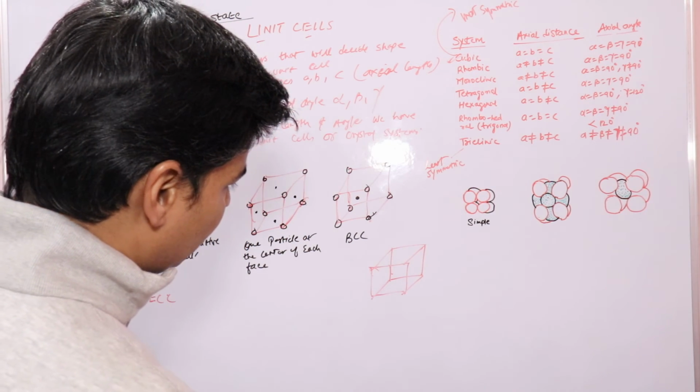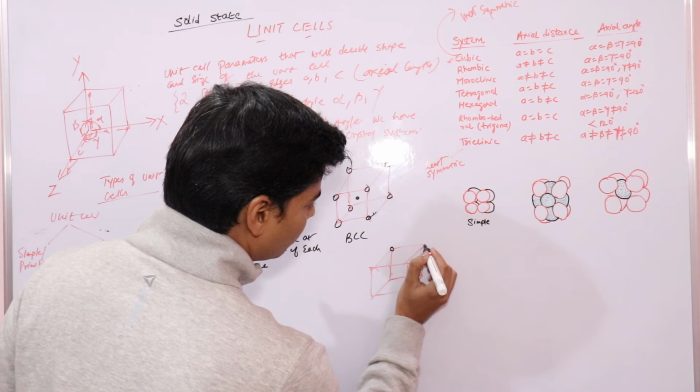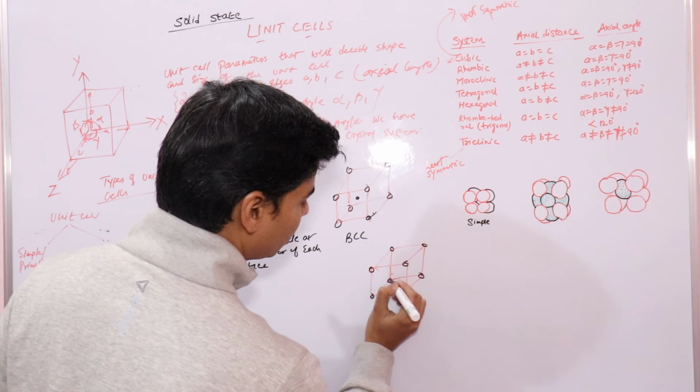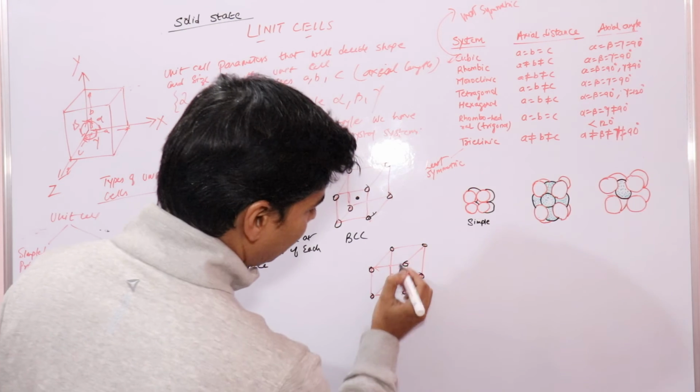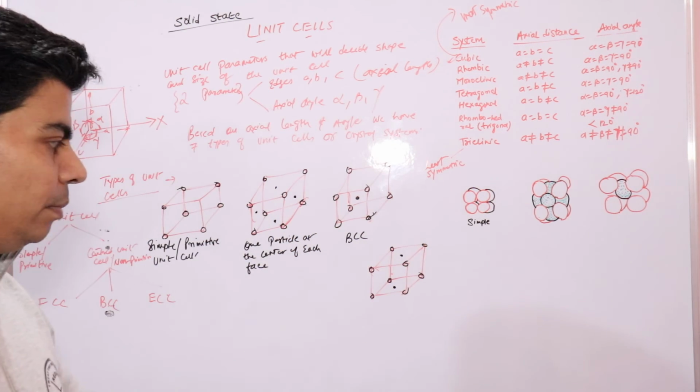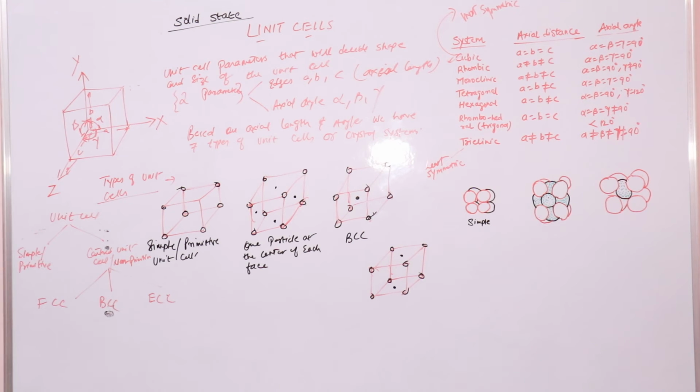So particles would be present at the corners, at all corners. And in edge centered, the particle would be present at the opposite faces of the unit cell, right? So a unit cell having constituent particles at the center of any two opposite faces, in addition to the constituent particles at its corners.